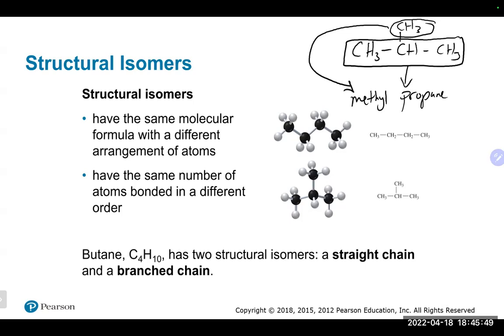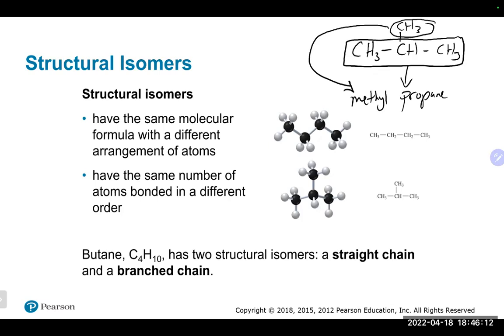Any questions so far? So the methyl, in front of it, would be methyl propane. So we're going to get to the rest of the names right now. Other questions? Okay, so organic chemistry naming, it's all about location, location, location, basically telling everybody where things are located.